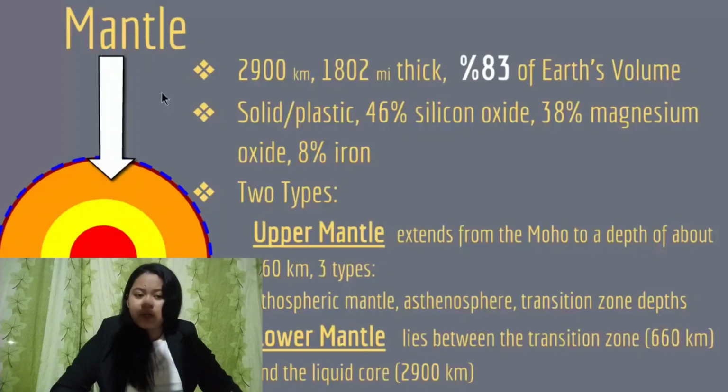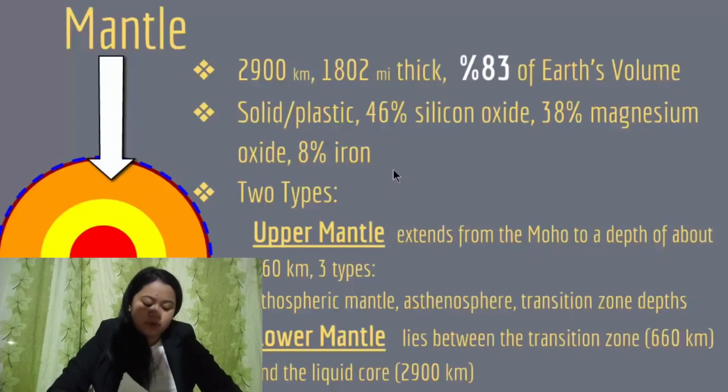The mantle is composed primarily not of molten rock, and not of solid rock, but of rock that is kind of solid plastic. The composition of these rocks is primarily 46% silicon oxide, then 38% magnesium oxide, and 8% iron. Earth's mantle is thought to be composed mainly of olivine-rich rocks.